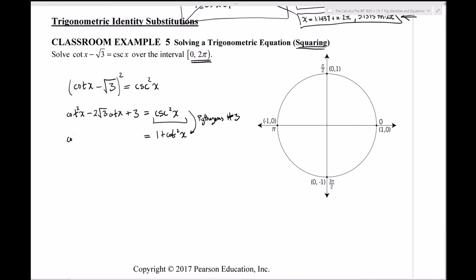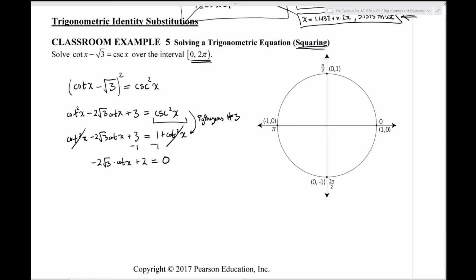So cotangent squared x minus 2 square root of 3 cotangent x and then plus 3 is equal to 1 plus cotangent squared x. A nice thing happens here. The square terms will cancel each other out if you subtract cotangent squared on both sides. If we subtract 1 on both sides, you get minus 2 square root of 3 cotangent x plus 2 equals 0.